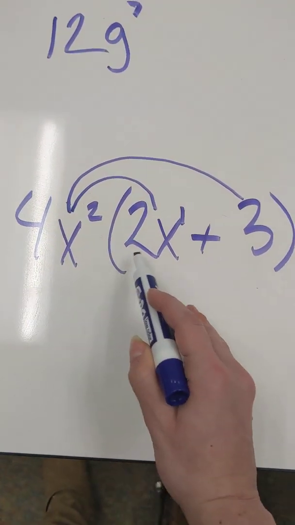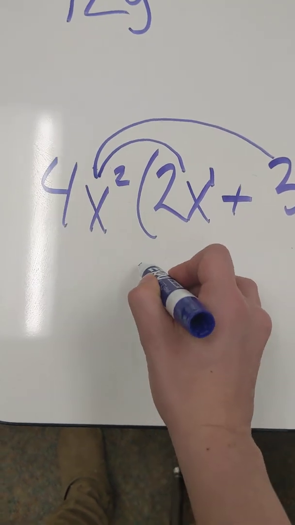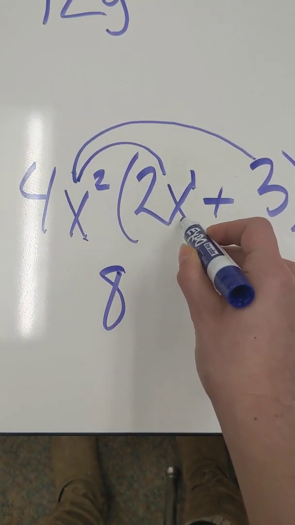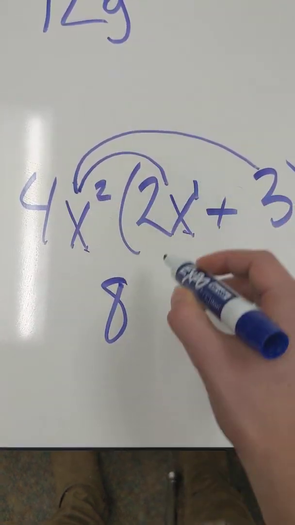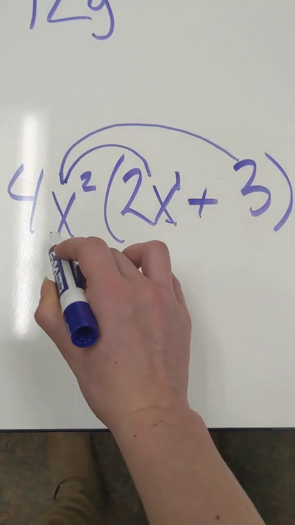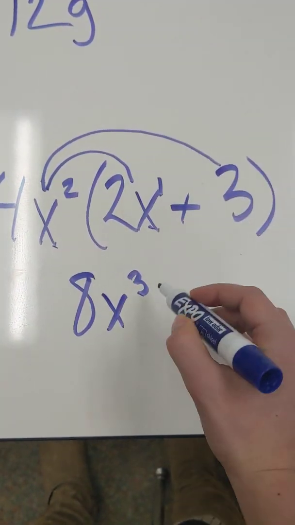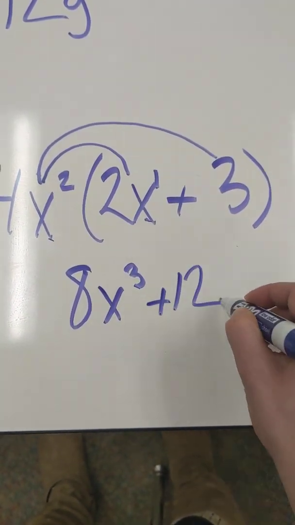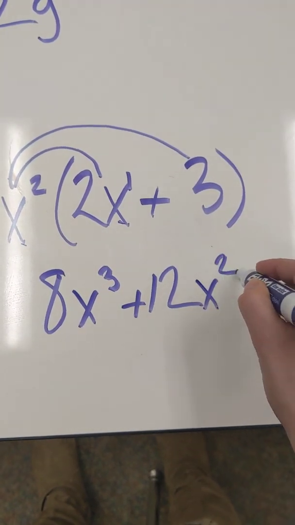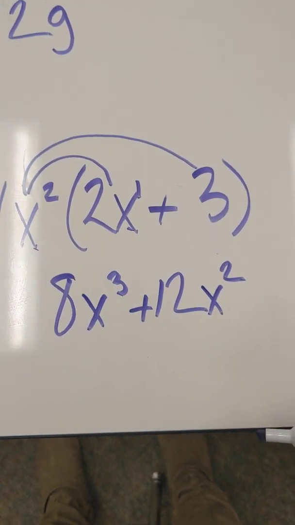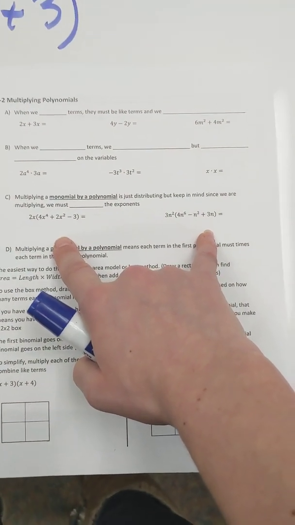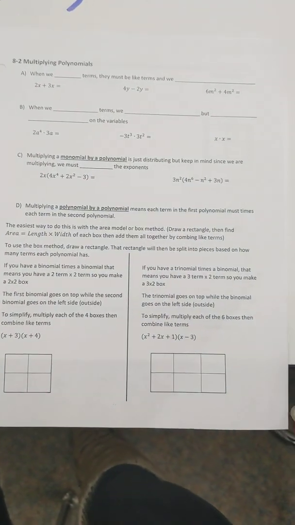So 4x squared times 2x, well, 4 times 2 is 8. And then x squared and x, 2 and 1, x to the 3rd. And then 4x squared times 3, 4 times 3 is 12. X squared, well, there's nothing to change it, so it keeps x squared. Come back and try these 2, check it with the key, and then continue with part D.